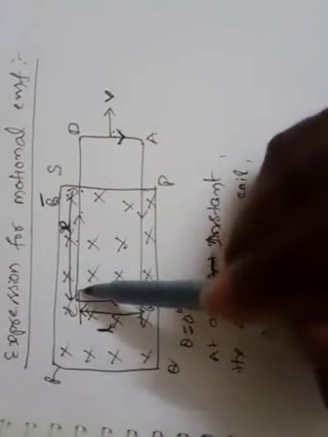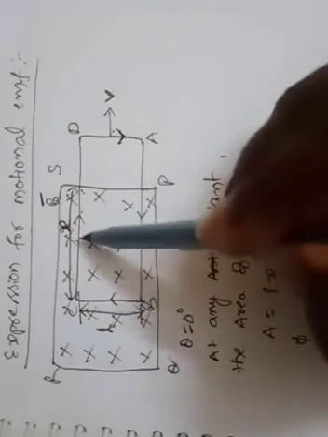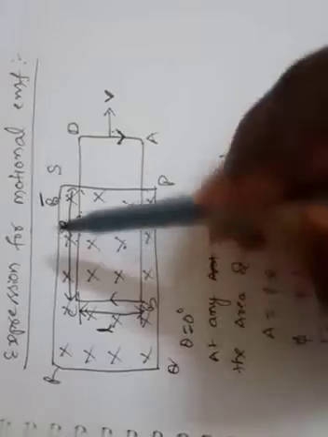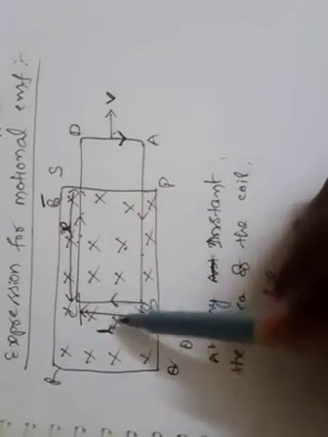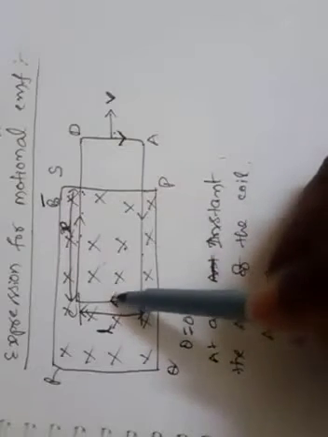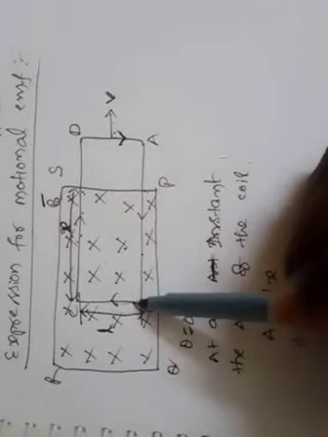Why? Because this part is moving out of the field, it is not cutting the magnetic field, and this one also is not cutting the magnetic field; only this part is going to cut the magnetic field. So through the part which is cutting the magnetic field, the induced EMF will be produced.